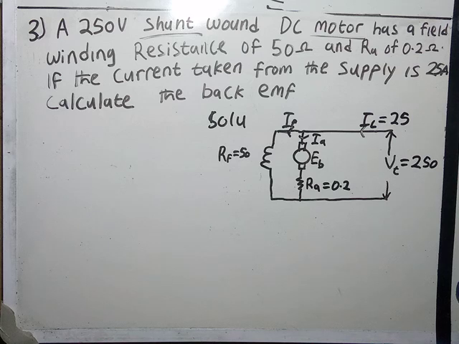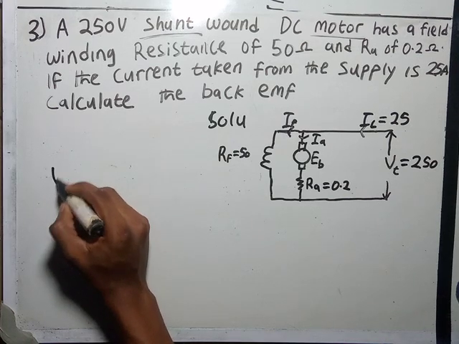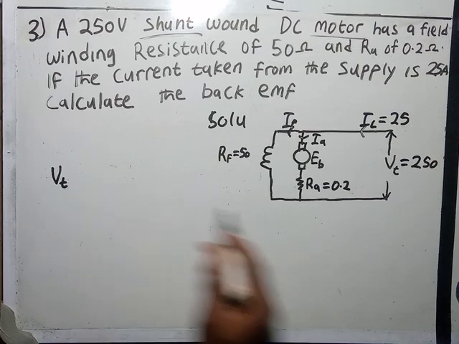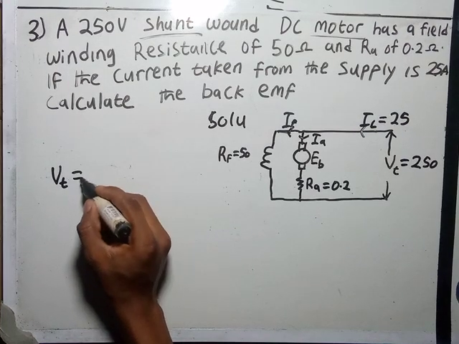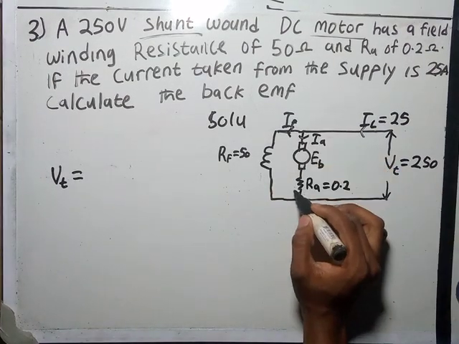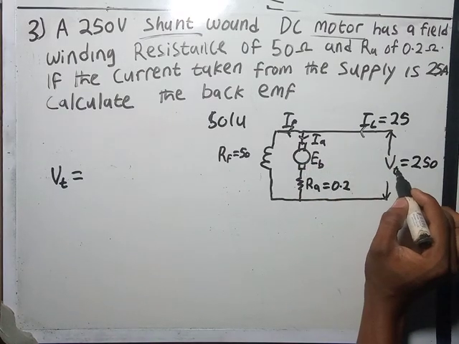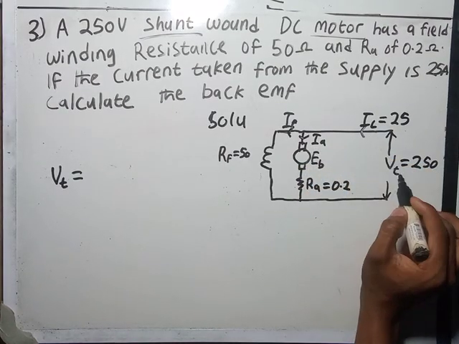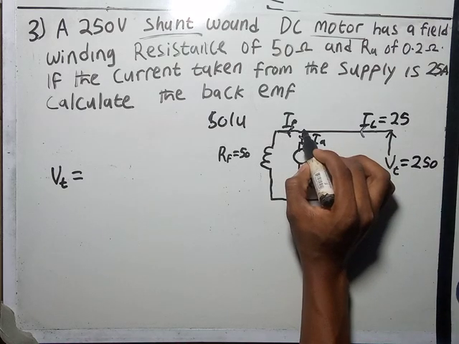In this case, our formula has changed. VT, the terminal voltage, is equal to this first part. Since there's no resistance around here, our VT value is also the value at this point.